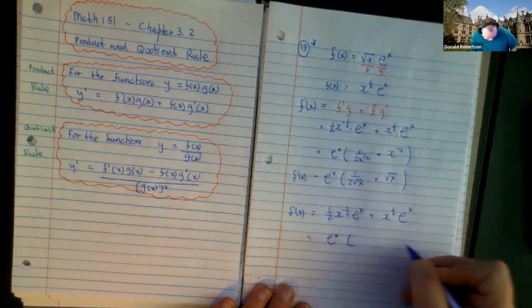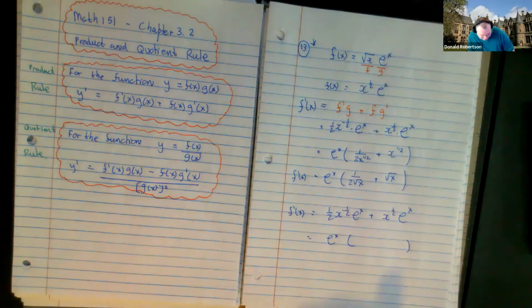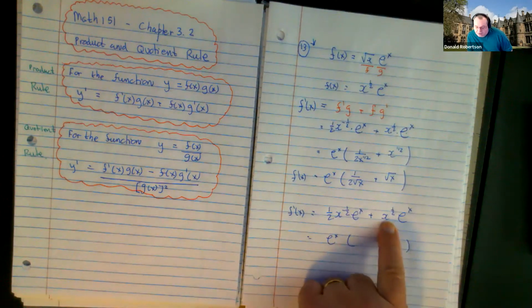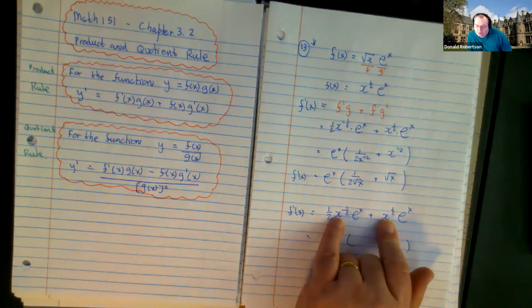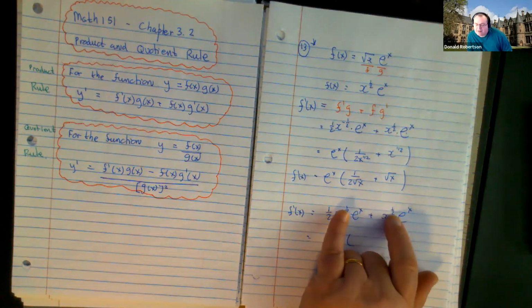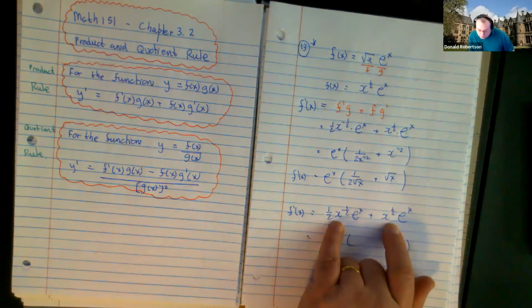No arguing about that, it truly is. I have here an x to the half. I have here an x to the negative half. If both terms contain a power of x, no matter how weird that power of x is, in this case a half and negative half, then x is a common factor.